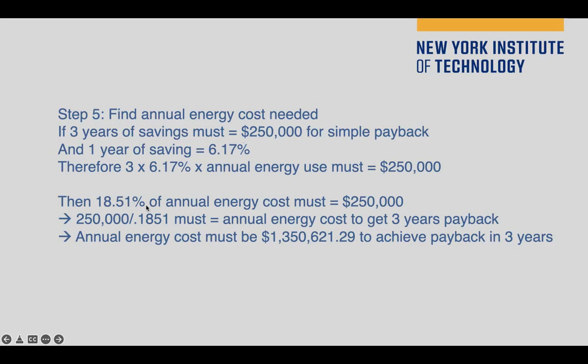Okay, and 18.51% needs to fulfill 250,000. So we just calculate this by proportion. You list 250 over the total lump sum, and 18.51 over 100, then you can obtain this number.